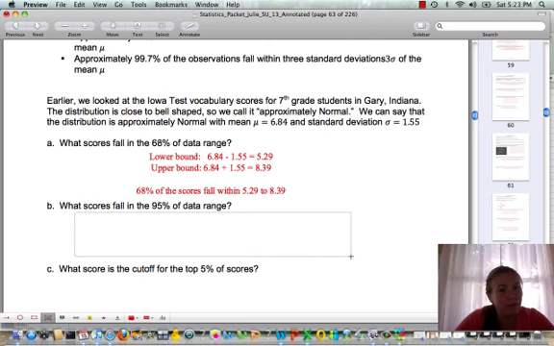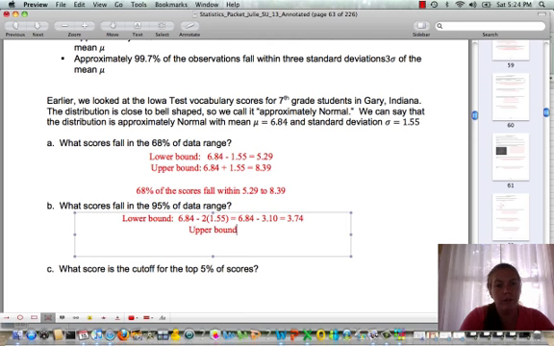Now we want to do the same thing for the 95% data range. Now the 95% data range is 2 standard deviations. So we're going to say here 6.84 minus 2 times 1.55, because we have to take our standard deviation and multiply it by 2. And so that's going to be 6.84, subtract 3.10, and that's going to give us 3.74 as our lower bound.